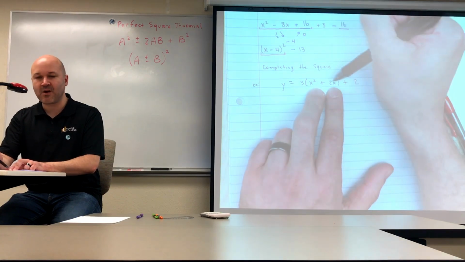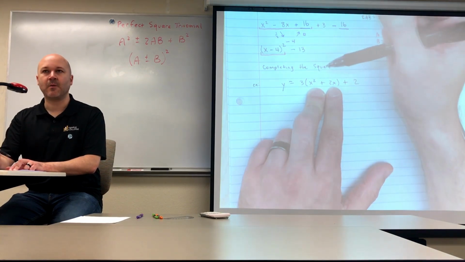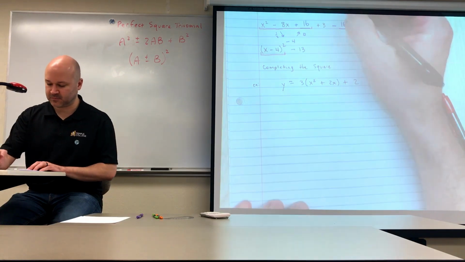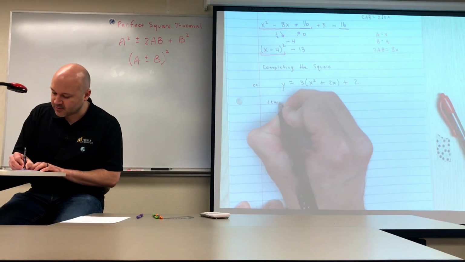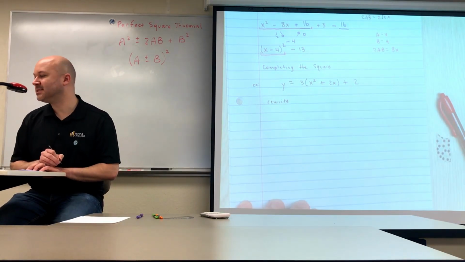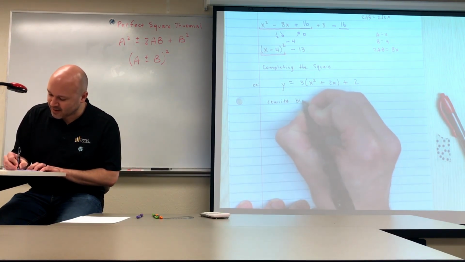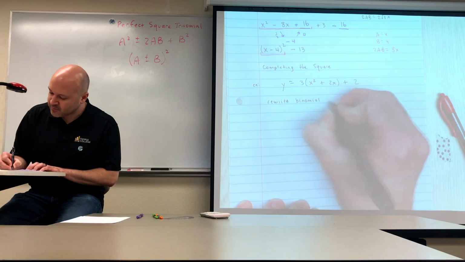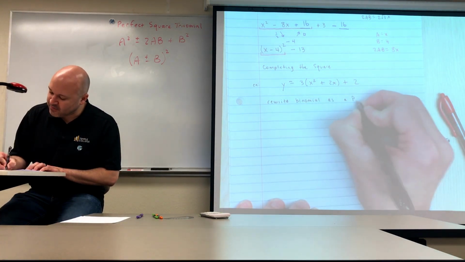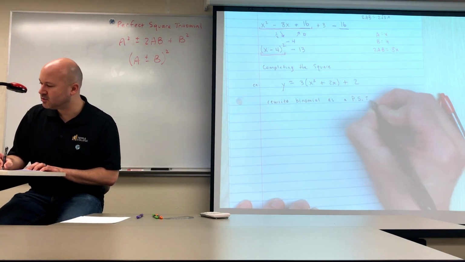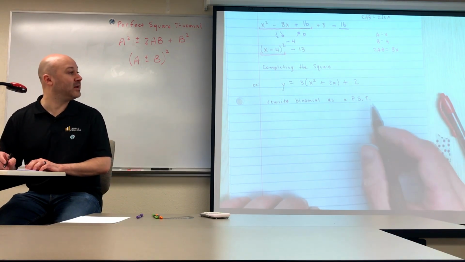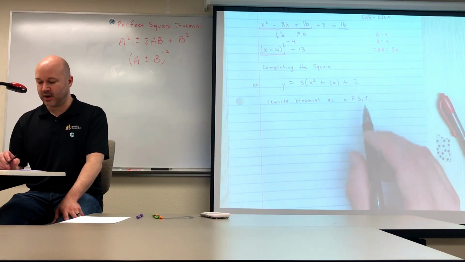And I want to rewrite that as a perfect square trinomial. So I'm just going to rewrite what's inside that quadratic binomial as a perfect square trinomial. And when I do so, I want that coefficient to be 1.